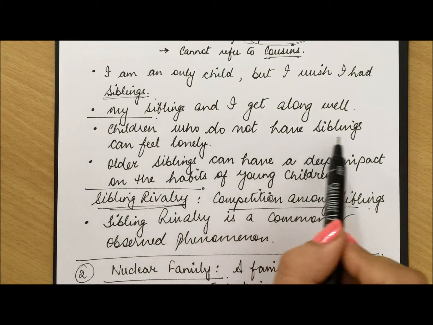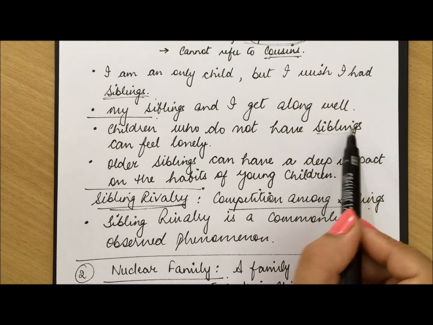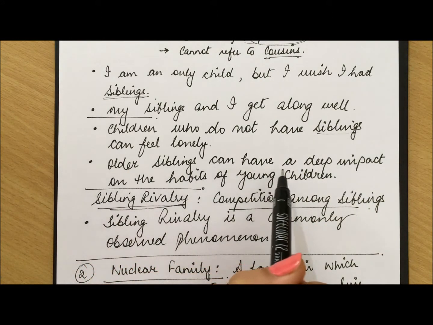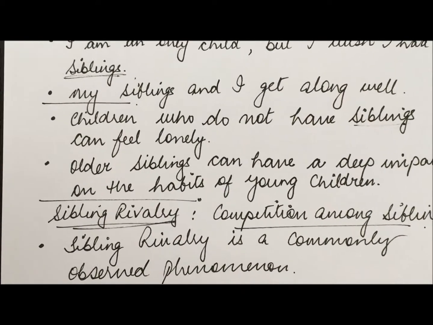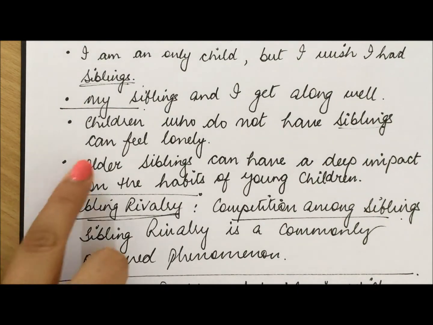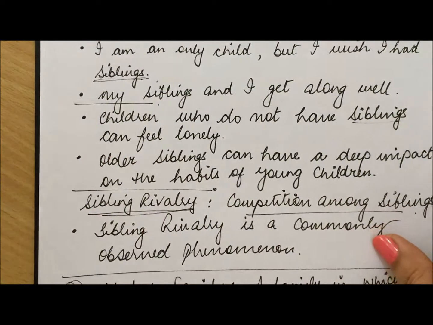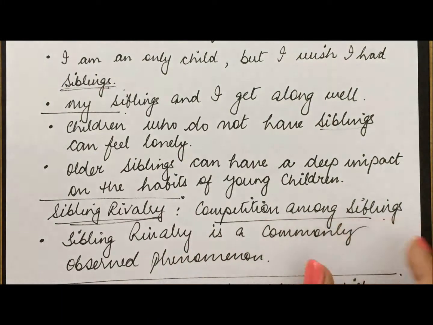So the children who do not have brothers and sisters can feel lonely. Older siblings can have a deep impact on the habits of young children. So over here, we are saying that older children can have a lot of impact on the younger children. So we are talking about brothers and sisters here.